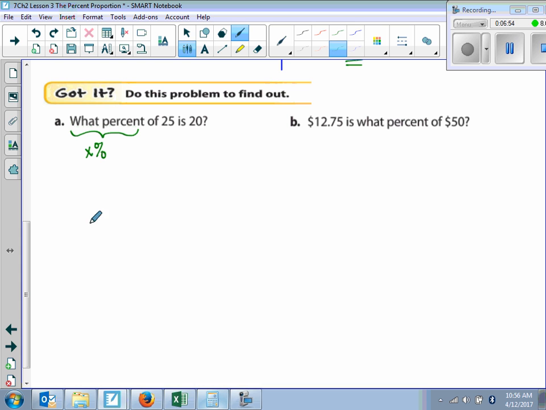The of number is the whole. So 25 is the whole thing. And the is number is the part. Is everybody with me? So the formula, don't forget, is percent over 100 equals the part over the whole.